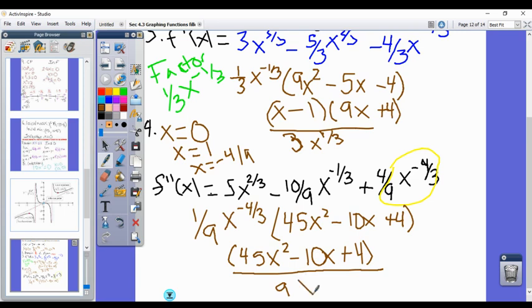Nine x to the 4/3. Okay, so now we can find our potential inflection point. Again, we are not allowed to have x equals 0.